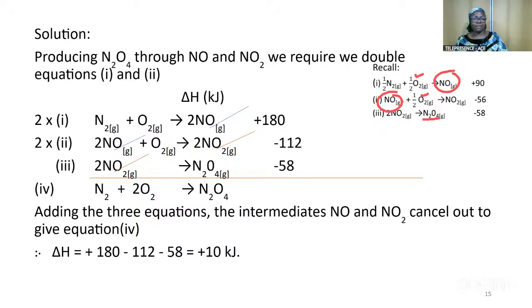Then here we have 2 moles of NO2, which means that they will have to go. So once we write it out, for us to have 2 moles of oxygen, we cannot maintain half mole and half mole because the summation will give you 1 mole of oxygen. So we can then go ahead and multiply this step by 2.